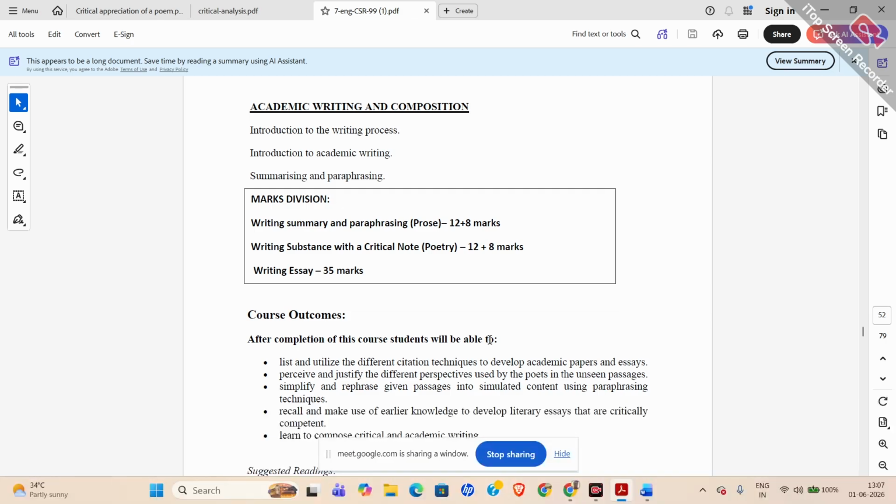After finishing this particular topic, writing substance with a critical note, poetry, I will also try to give you essays on different topics, on Shakespeare and other topics pertaining to literature, literary topics. We'll have to do that later. But for the time being, I will first look at this.